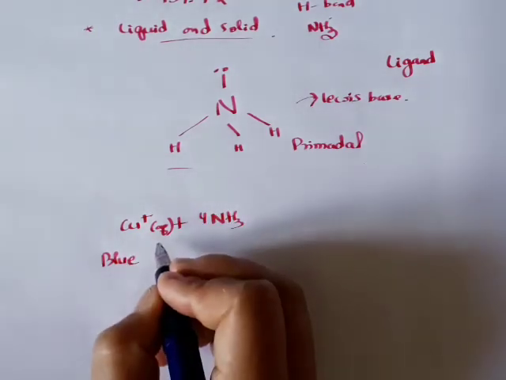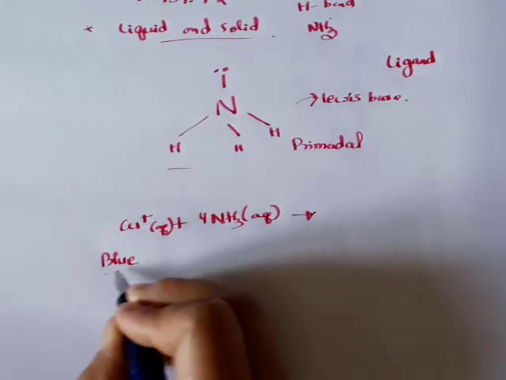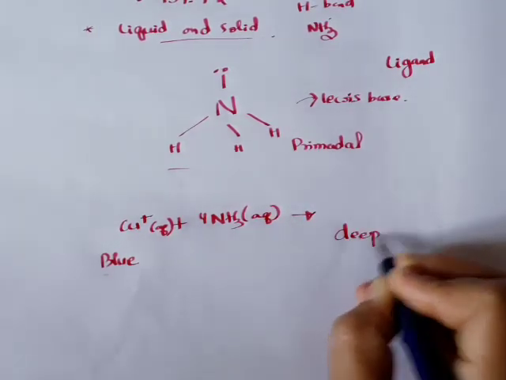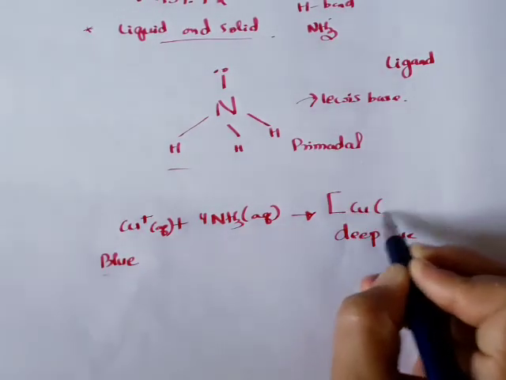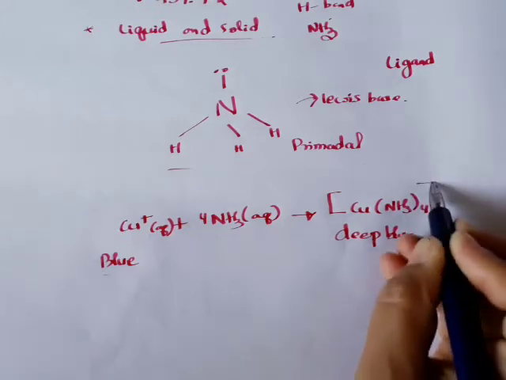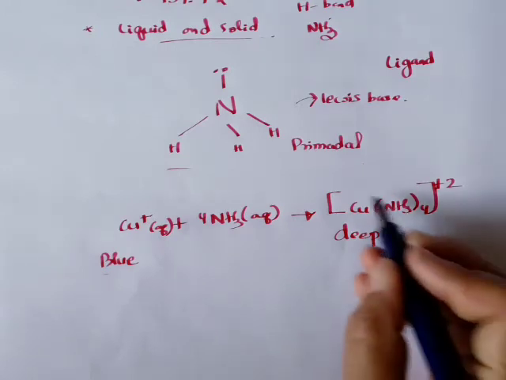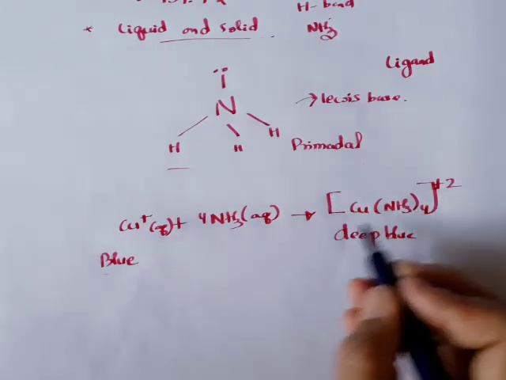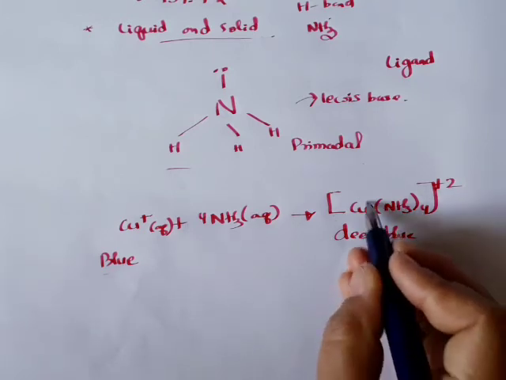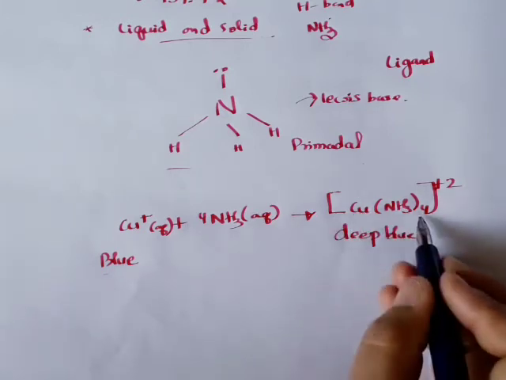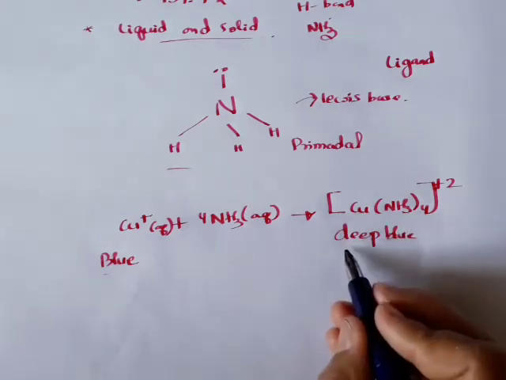When you add aqueous ammonium hydroxide, the color will become deep blue. Why? Because of the formation of the complex [Cu(NH3)4]2+. Here the complex compound is always denoted by square bracket. Four ammonia molecules donate a pair of electrons to copper and form a complex, and because of formation of this complex, the color becomes deep blue.